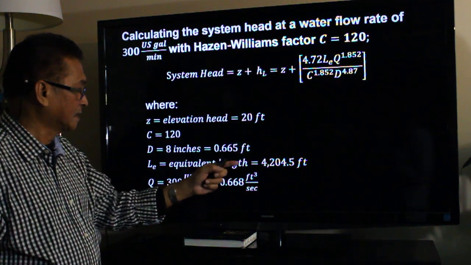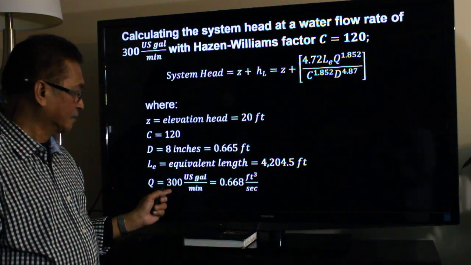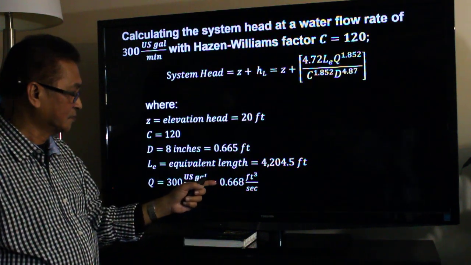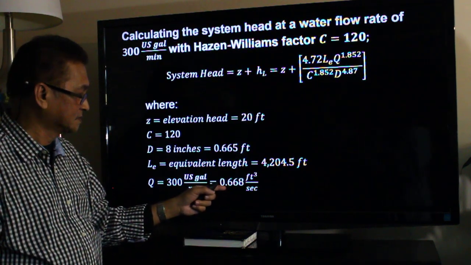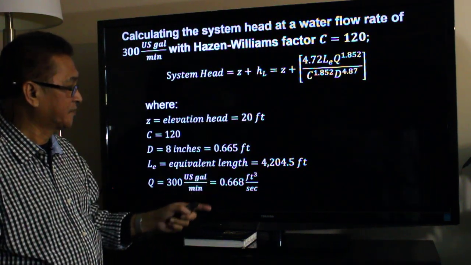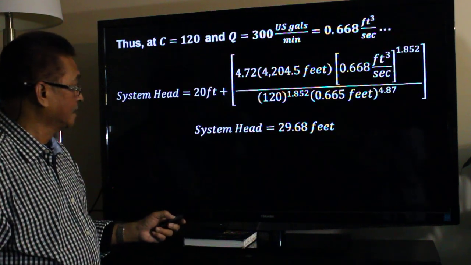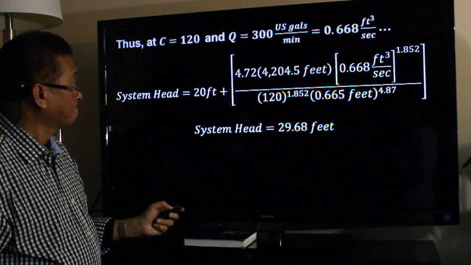LE is equivalent length, 4,204.5 feet, and Q will be 300 US gallons per minute, and we are supposed to express it in cubic feet per second, so it's 0.668 cubic foot per second. So the result will be a system head of 29.68 feet.